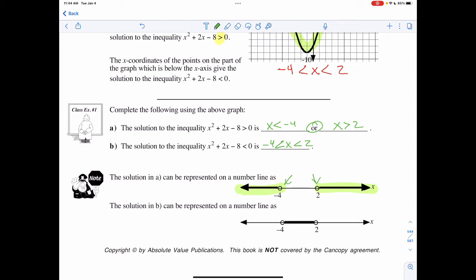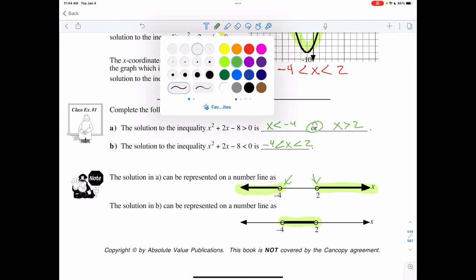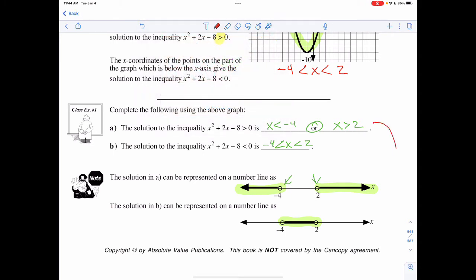The second possibility we can see exists between those 2 points. So here's the two ways that we could represent it. We can represent it on a number line, or we can represent it as a range of values.